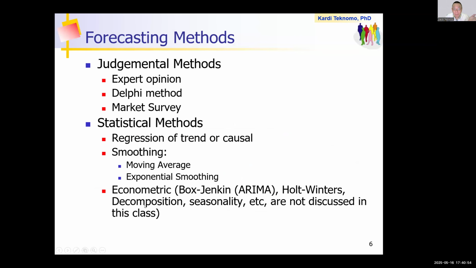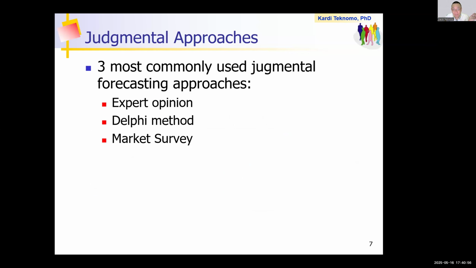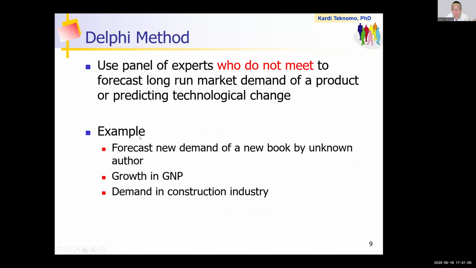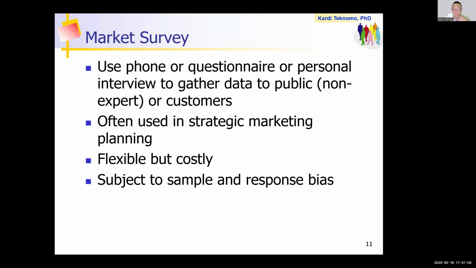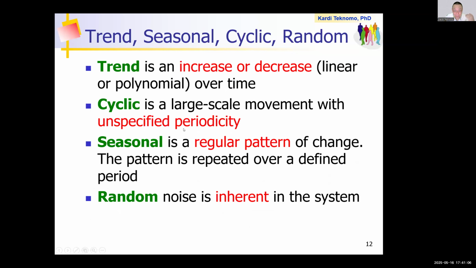There are many methods to forecast. Of course, you can use the Delphi method, expert opinion, and so on, but I will skip this. You can start to forecast based on a quantitative model. Then you need to distinguish whether you have trend, cycle, season, and random.